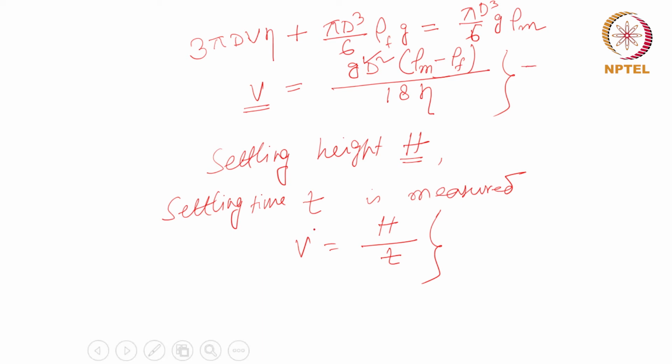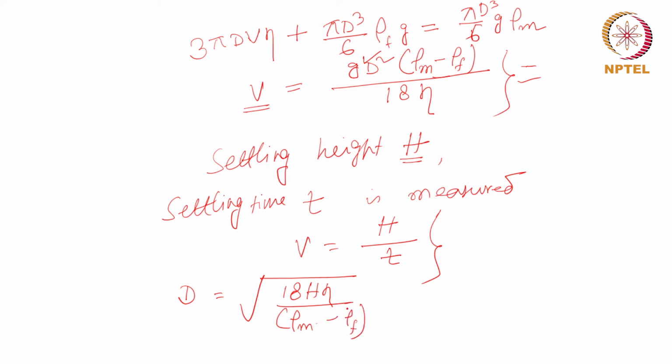So if you substitute V over here, D will be obtained as square root of 18h eta by rho m minus rho f g t.